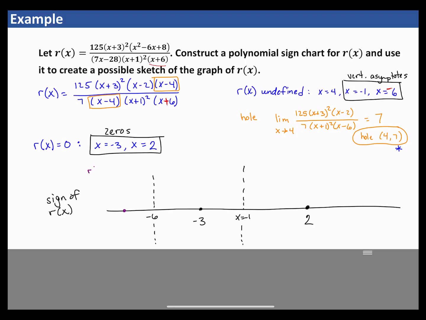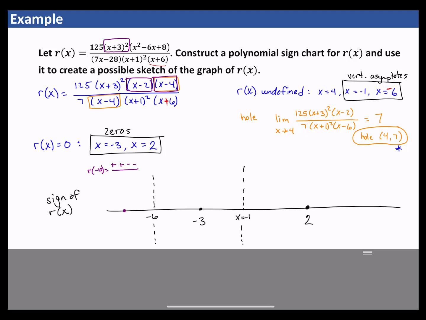So if we were to evaluate r of -10, we have 125, which is positive. -10 plus 3 squared is positive. And then actually let's focus on this factored part. So x minus 2, if I let x equal -10, that's negative. And then x minus 4, if x equals -10, that's also negative.